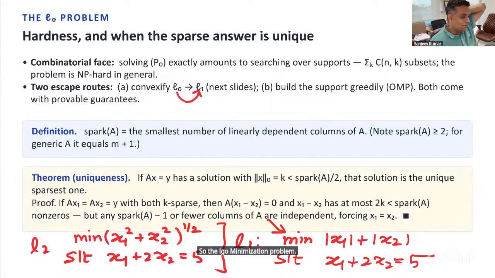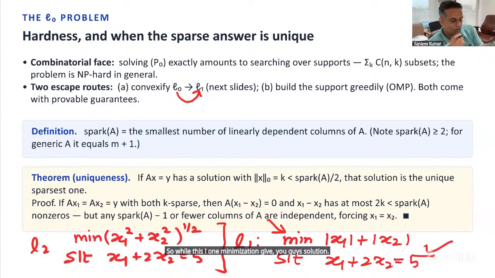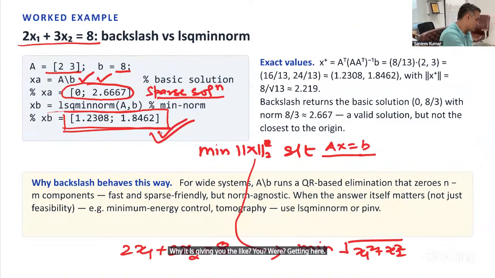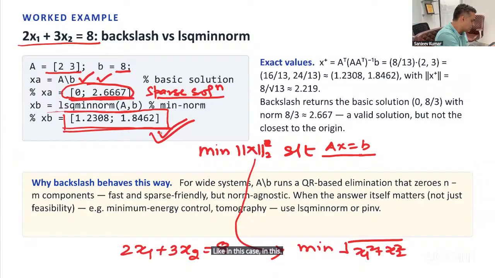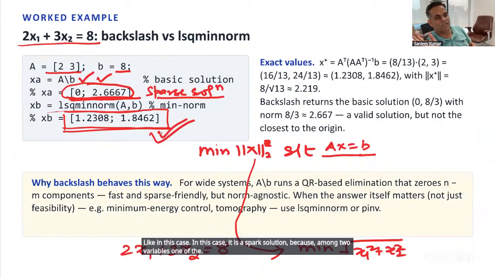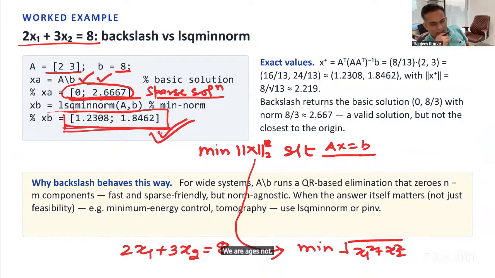So why does L1 minimization give you the sparse solution? In this case, it is a sparse solution because among two variables, one of the variables becomes 0, whereas in the L2 case it is not sparse, both variables are non-zero.